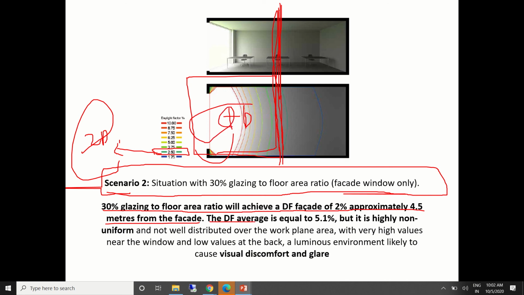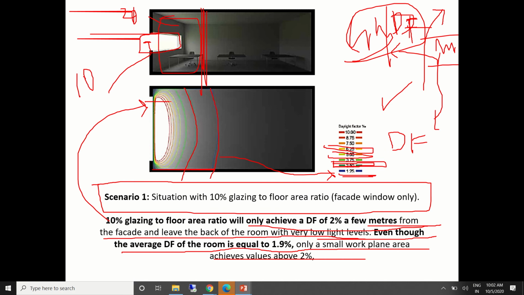The average daylight factor is equal to 5.1%, but it is highly non-uniform and not well distributed over the entire room. And this is what we discussed last time, and some of you were also pointing it out.